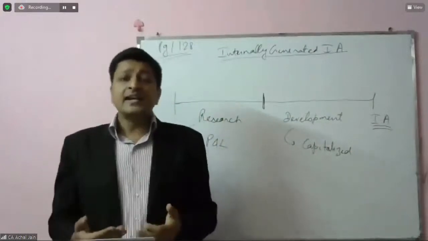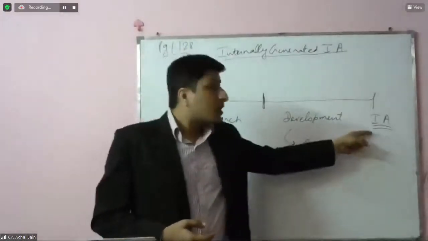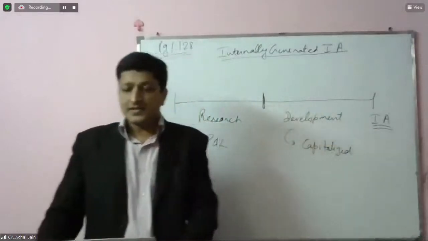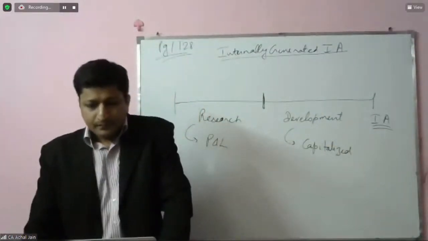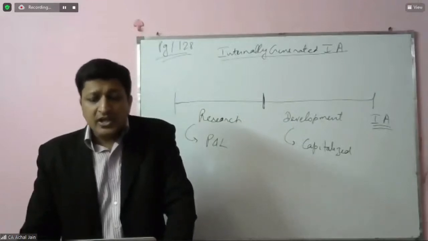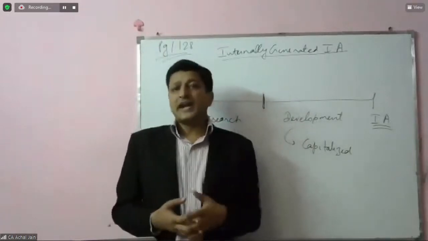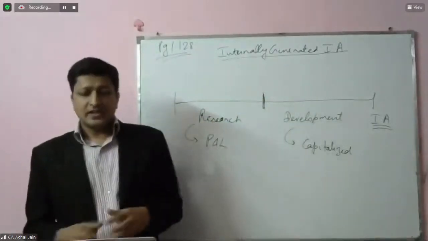Other than intent, the entity also has the ability to generate this intangible asset. Availability of adequate technical, financial and other resources means again the ability of the entity to generate this intangible asset.